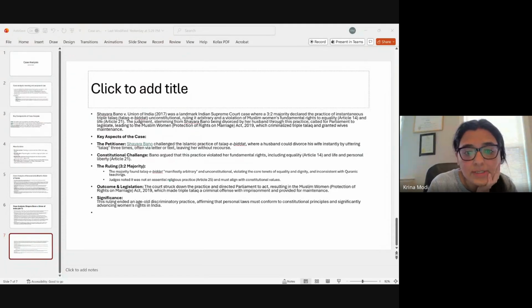The judgment, stemming from Shaira Banu being divorced by her husband through this practice, called for Parliament to legislate, leading to the Muslim Women Protection of Marriage Act 2019, which criminalized triple talaq and granted wives maintenance.